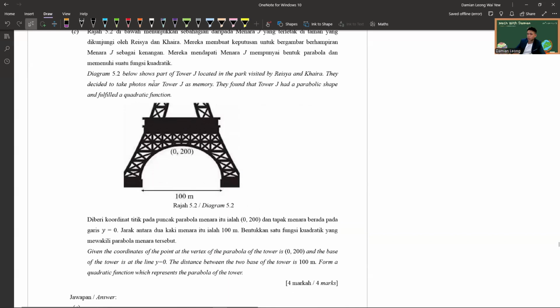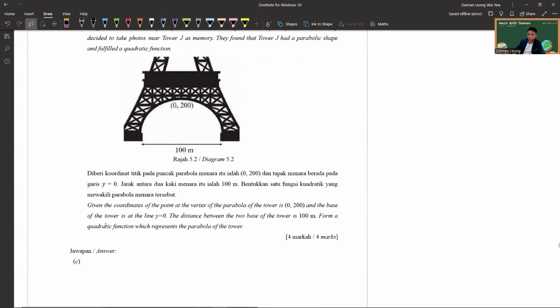So they decide to take a photo near Tower J as memory. Tower J has a parabolic shape, following a quadratic function. Coordinates of the vertex of the parabola is 0, 200. Base of the tower is at line y equals 0. Distance between two bases is 100 meters. Form a quadratic function which represents the parabola of the tower.